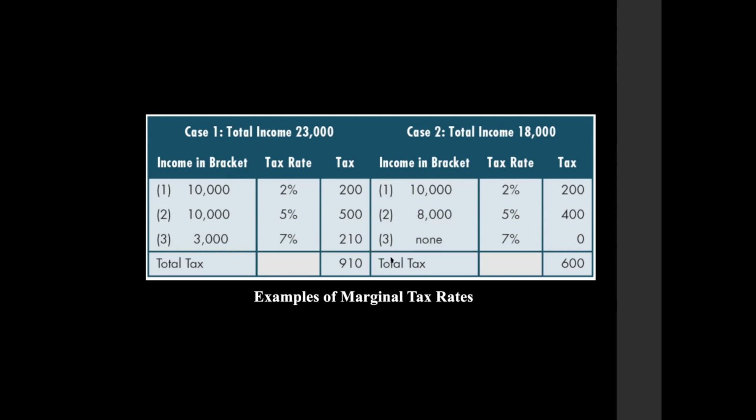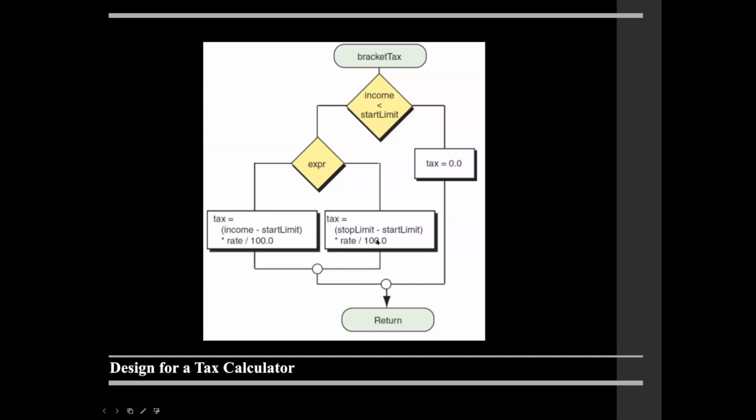This table illustrates some of the key elements in the formula. And the very next slide shows the architectural design for your software program that computes a person's tax based on these various things.